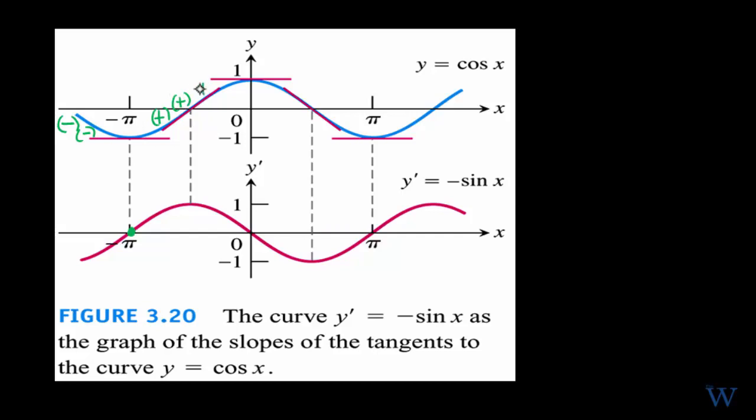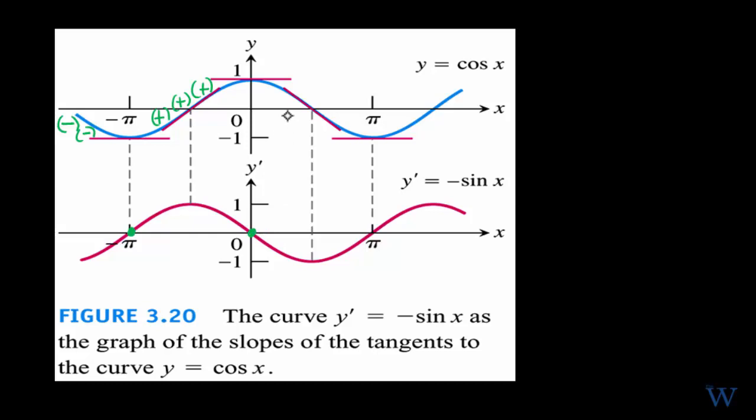So when we have an increasing part of the function, you get the positive side of the derivative function, because this means that the slopes are all positive. And then we hit again a horizontal tangent, so that's why it occurs at x equal to 0, so that gives us a graph, the derivative function passing through the origin.